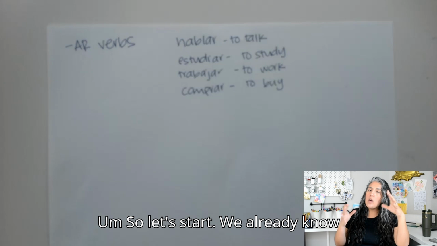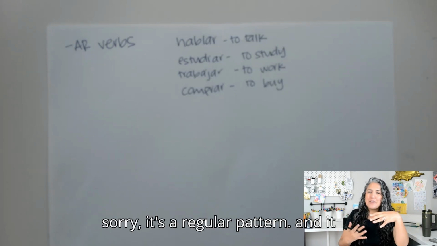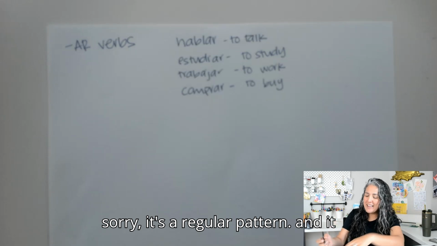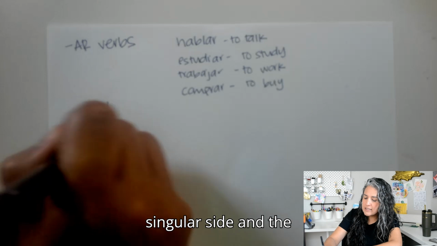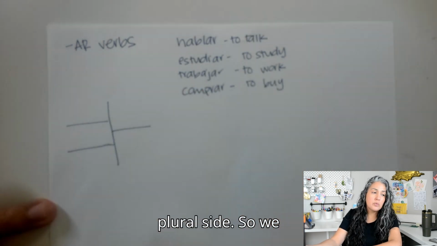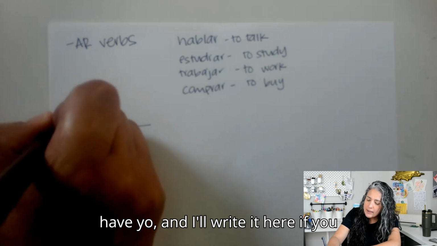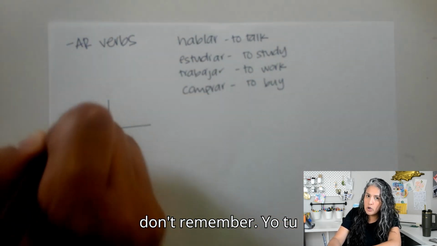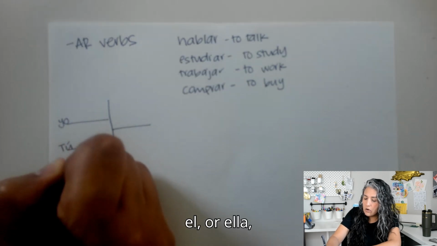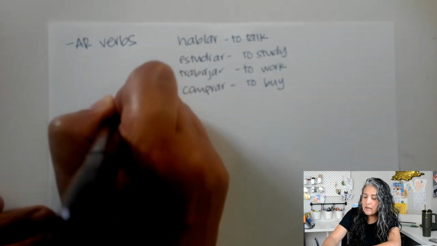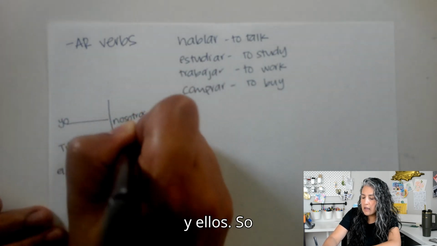So let's start. We already know how to make our pattern. It's a regular pattern. And it starts with the singular side and the plural side. So we have yo, and I'll write it here if you don't remember. Yo, tú, él or ella, nosotros, y ellos.